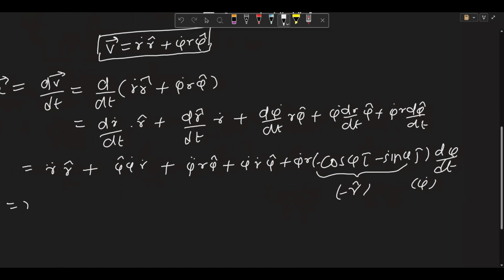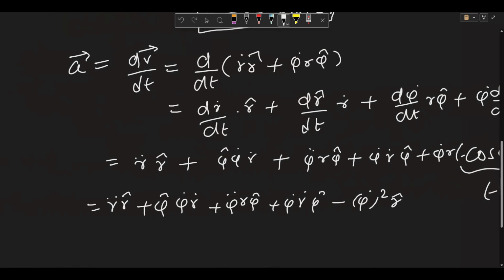So eventually, what will we get? r double dot r cap plus phi dot, and so on. This is what we are getting.